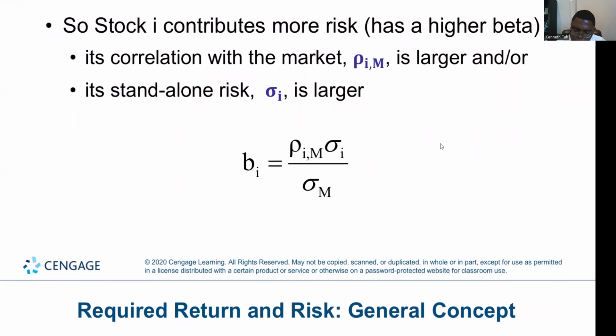Number one, if the correlation coefficient is high. So the stock contributes more to the risk if the correlation with the market is larger. Or if the standalone risk is larger.